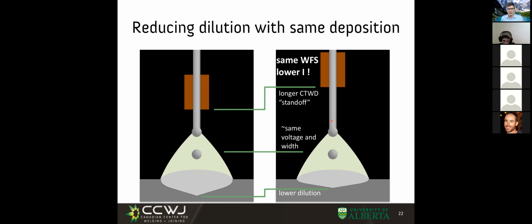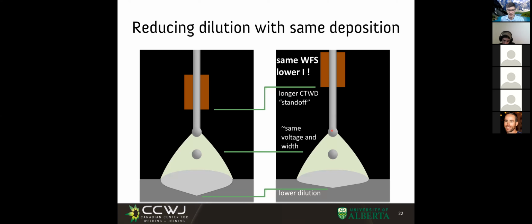But because the torch is farther back and the arc is the same, that means I have a longer electrode extension. If I have a longer electrode extension, I'm generating more energy in the electrode to melt my electrode. Then it means I need to lower my current to melt the same amount of material.